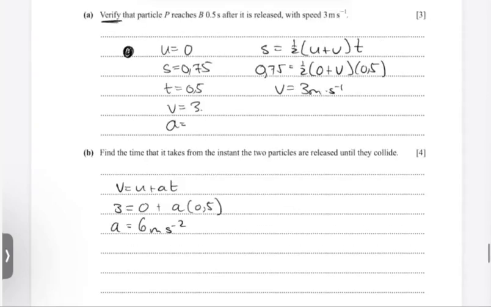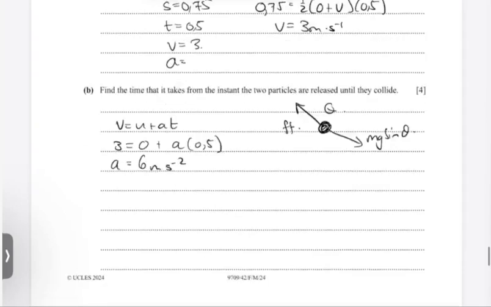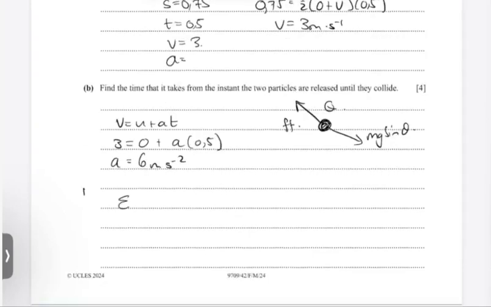Let's look at particle Q. It has its mg sine theta pulling it down, and it has its frictional force pulling it back. I wonder if we could work out, if I look at P, the sum of my forces is mass times acceleration.